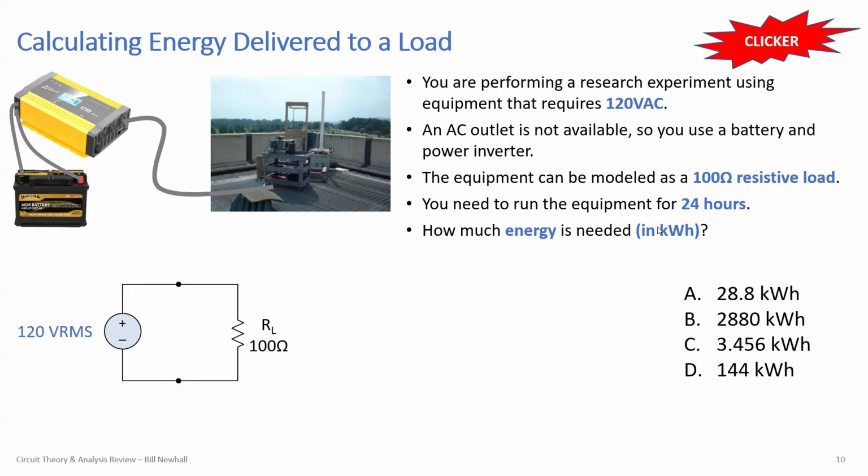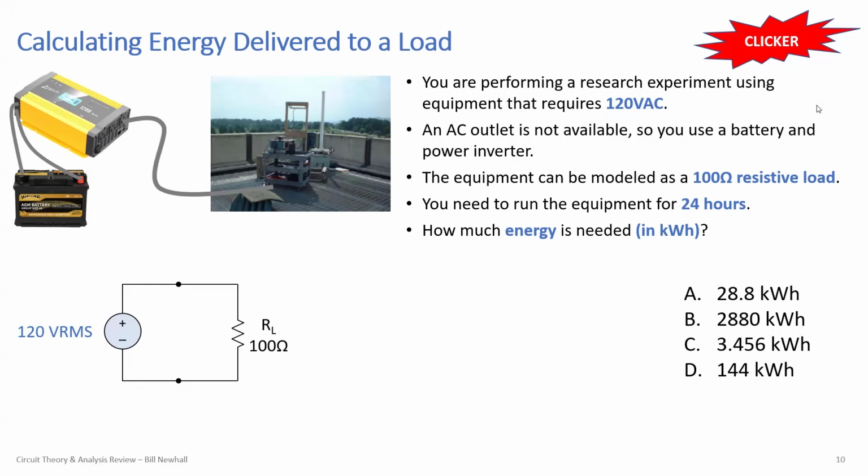So if we wanted to know how much we would pay for operating this equipment for 24 hours, we'd get the amount in kilowatt hours, and then your energy delivered to your house is billed to you in cents per kilowatt hour, usually somewhere around 10 cents around here, and more expensive in other parts of the country.